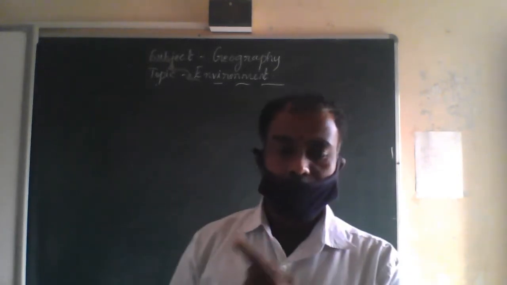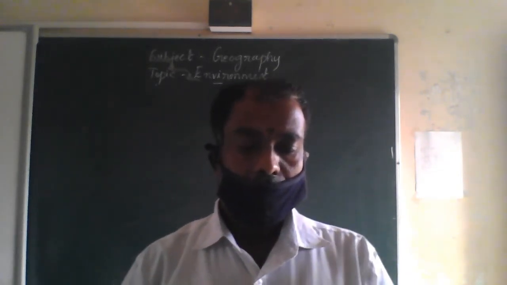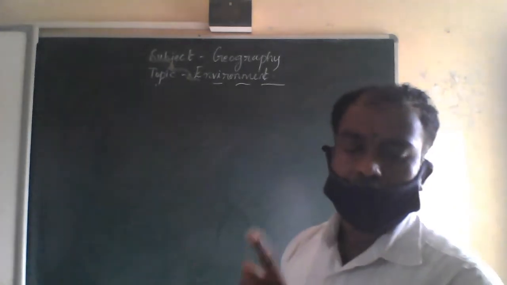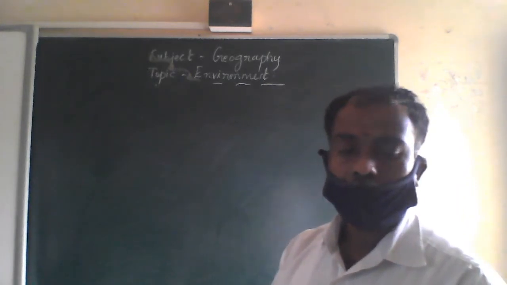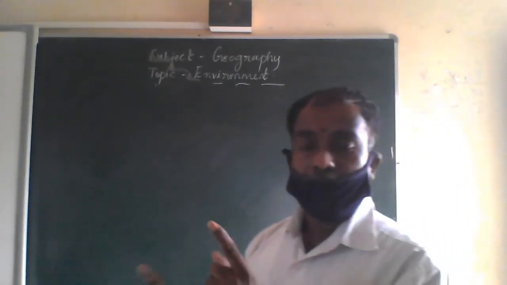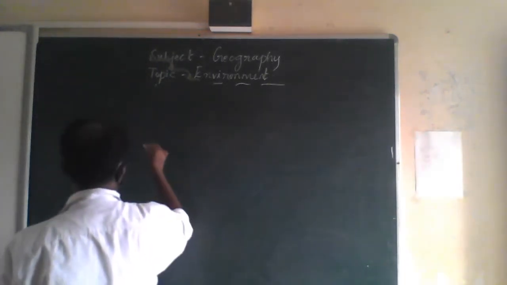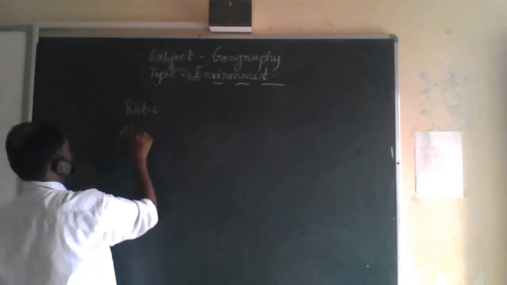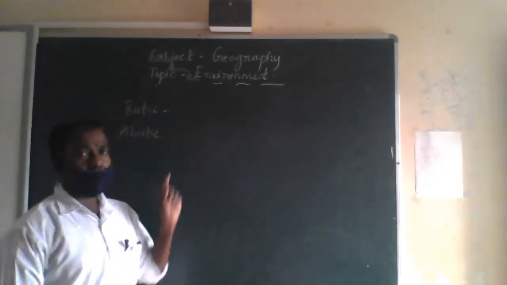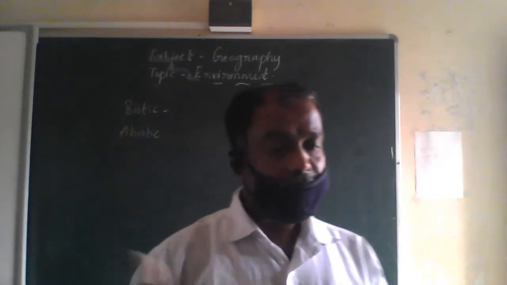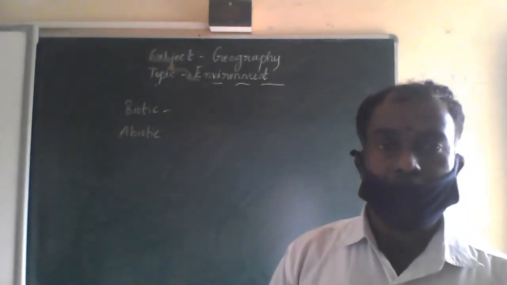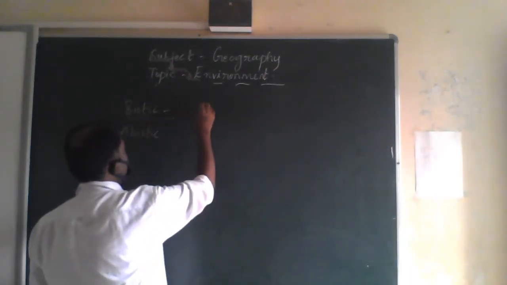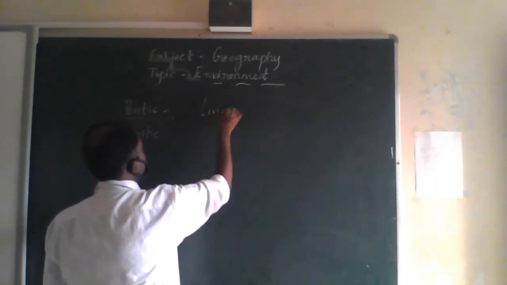Once again, I would like to remind you, the environment is a combination of natural and human-made phenomena. The natural environment refers to both biotic and abiotic. Biotic means the world of living organisms, so biotic refers to living beings.